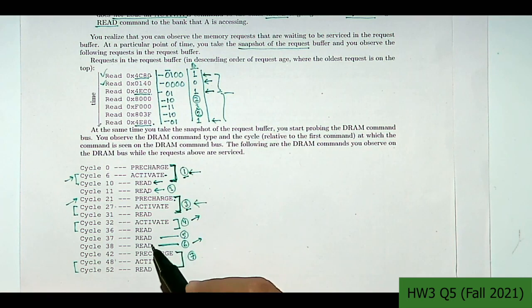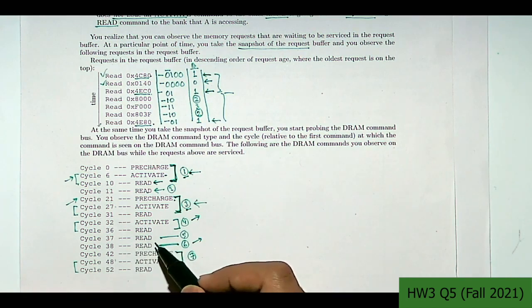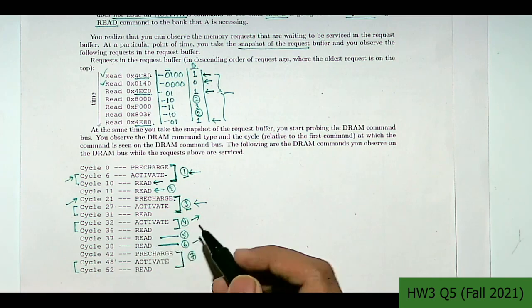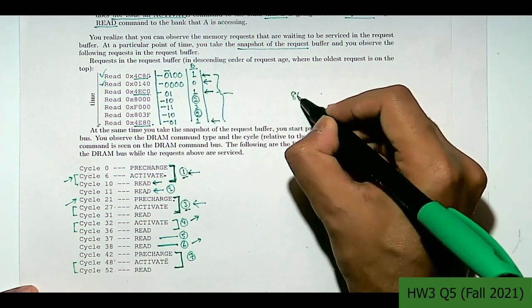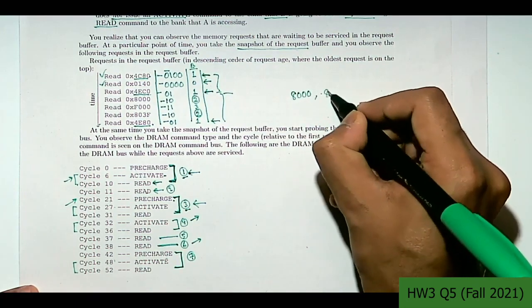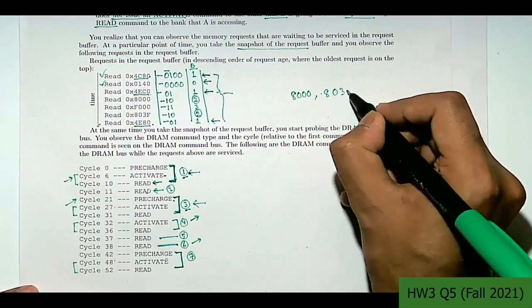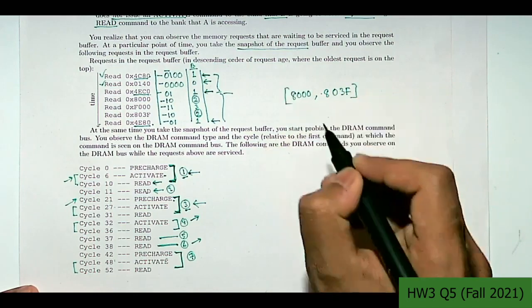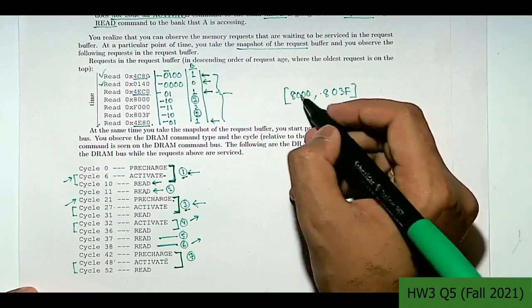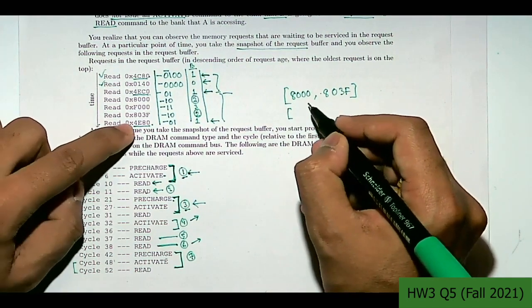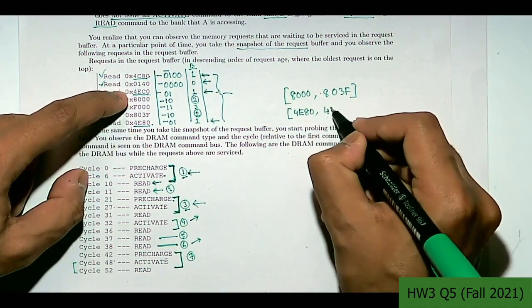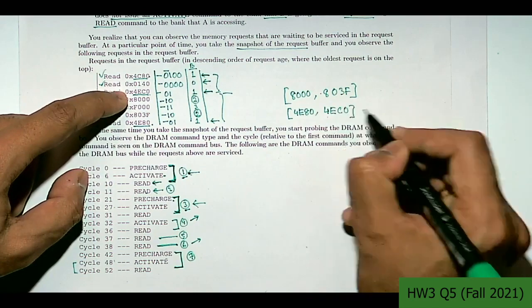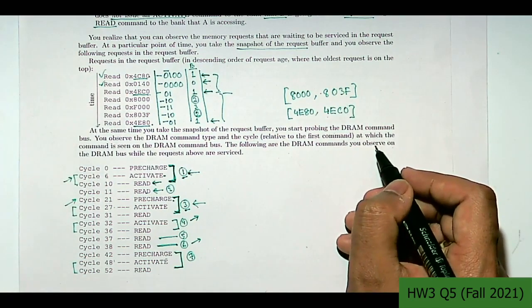This access is actually just a read sequence, so that means it hit in the row buffer, right? This gives us an idea that 800 and 803F, these 2 accesses, belong to the same row, but 4E80 and 4EC0 actually belong to different rows.